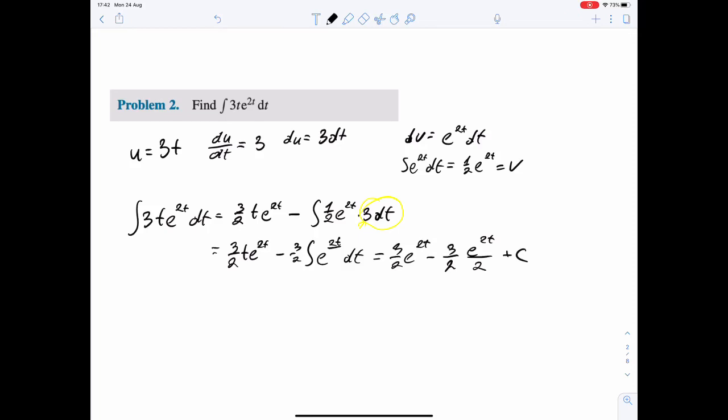And then I can do a little bit of simplifying. Let me just not forget about that t. So that will turn into 3 over 2 e to the power of 2t in the bracket t minus half, and then plus c. So then that resolves this problem.